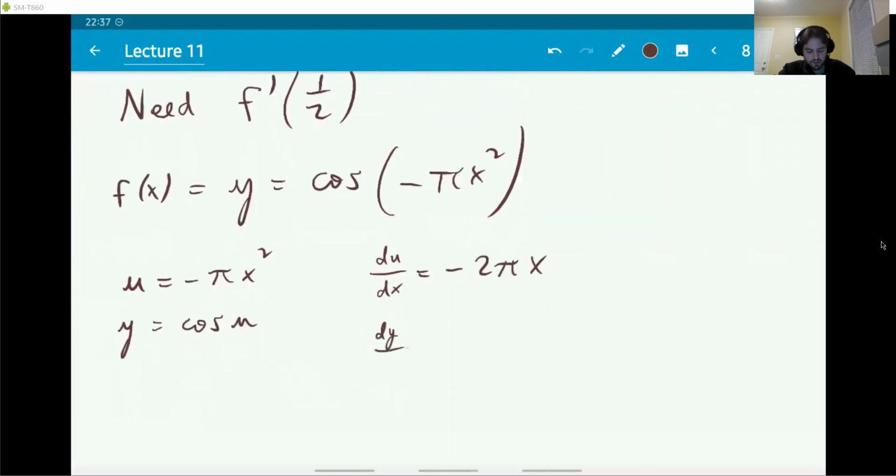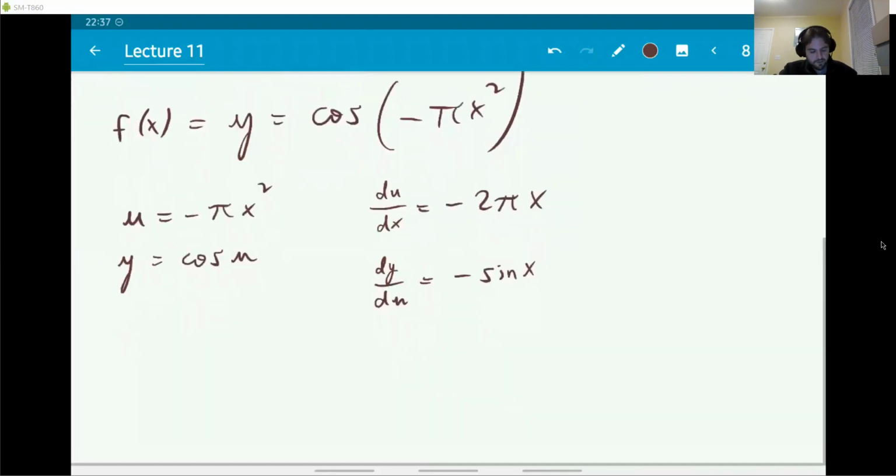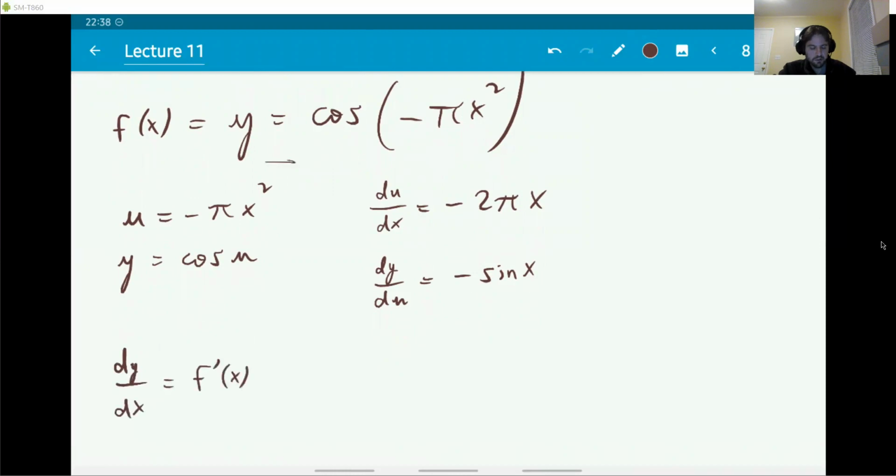And dy du, the derivative of cosine, is actually minus sine. I hope you remember that. So dy dx, which is the same thing as f prime of x, now that we have a name for this function, which is f, you're going to multiply the two numbers together, minus 2 pi x minus sine x.